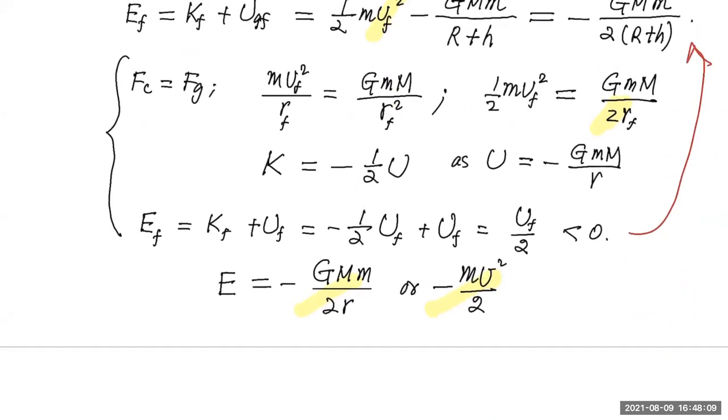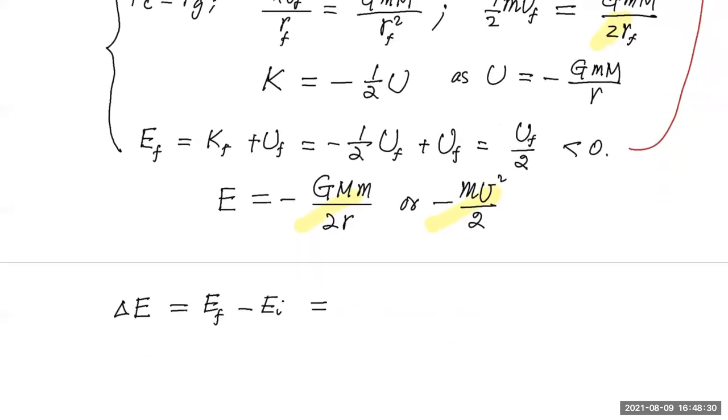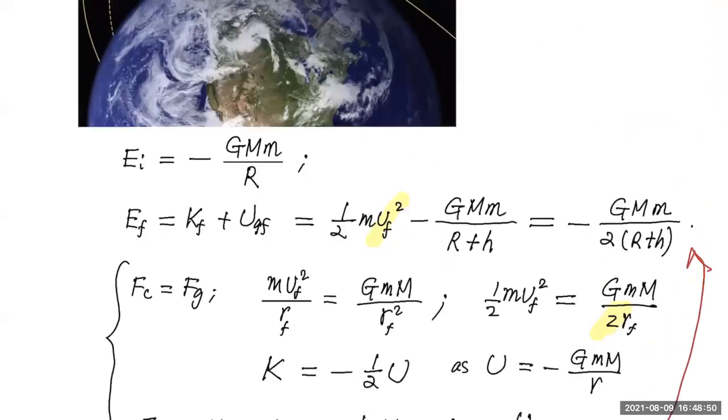So the energy needed to boost the Soyuz from the ground to be able to dock with the International Space Station is delta E. So delta E equals E final minus E initial. Okay, and that is negative G, mass of the spacecraft times mass of the Earth, divided by 2 times the radius of the Earth plus the altitude, which is 400 kilometers, and then minus its initial value on the surface of the Earth, which is itself negative.